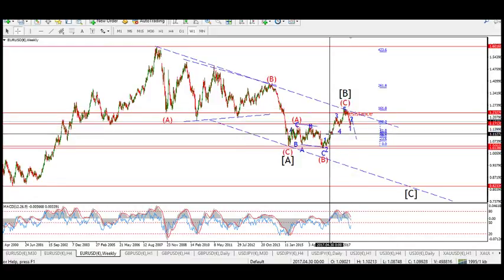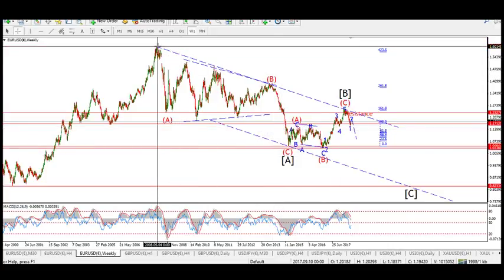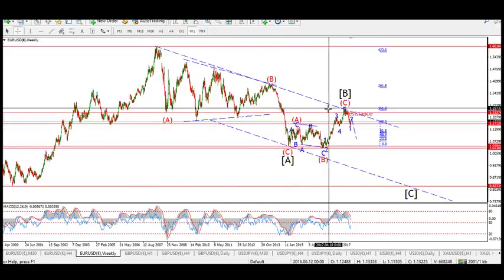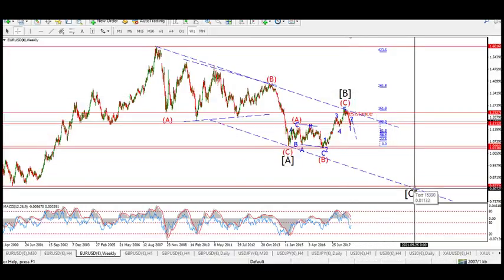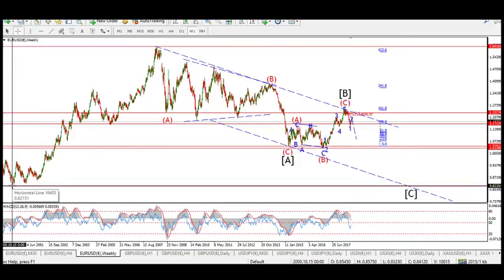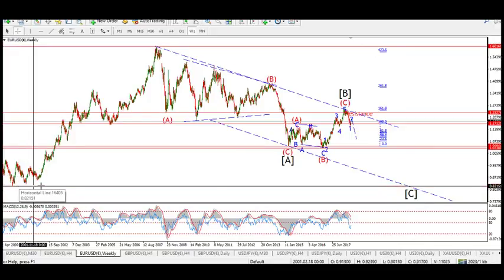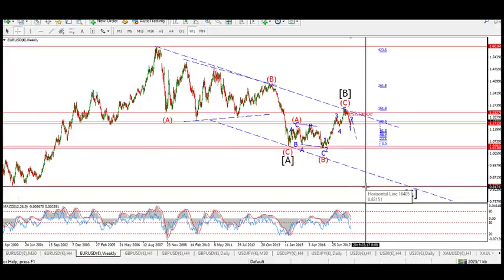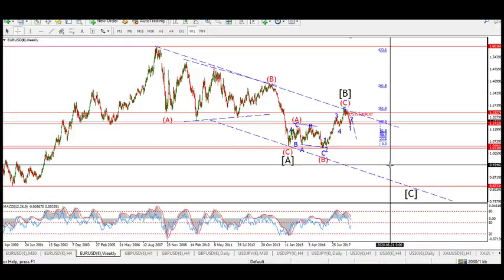So in the long term, what I think we're tracing out here is 3 waves down in A, 3 waves up in B, and we're probably moving into a 5-wave pattern to the downside in wave C. I think wave C should be targeted at or below the all-time low, which was about 82 cents against the dollar. So I think we have a long way down to go yet.